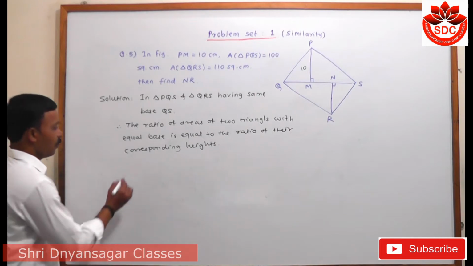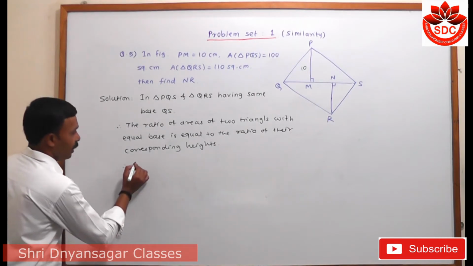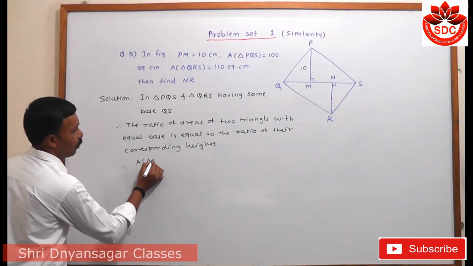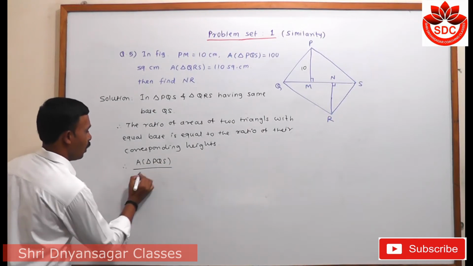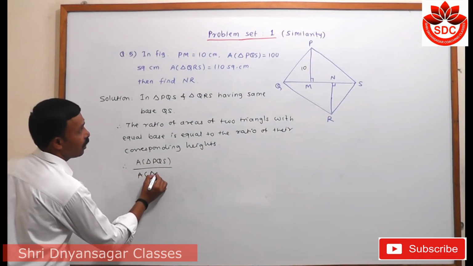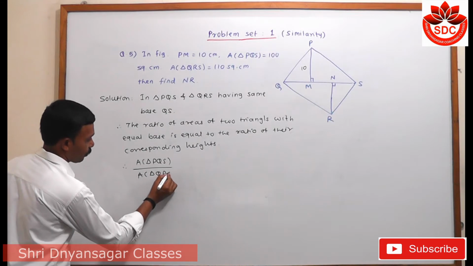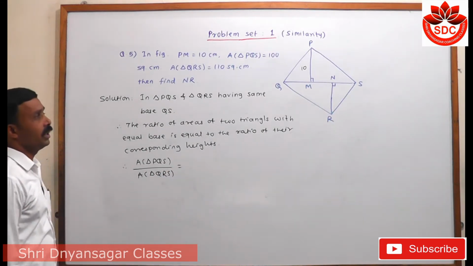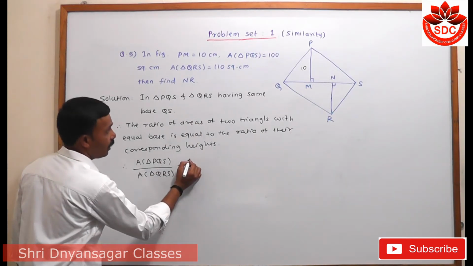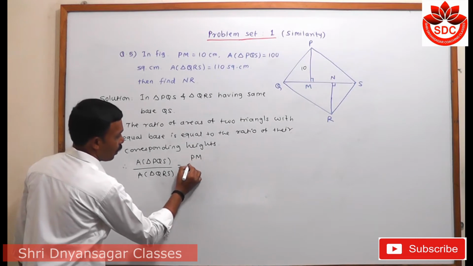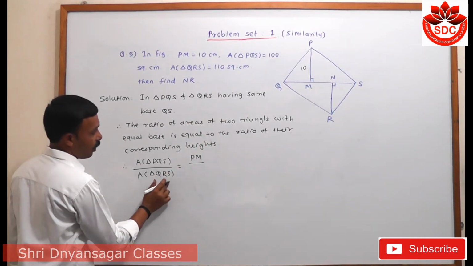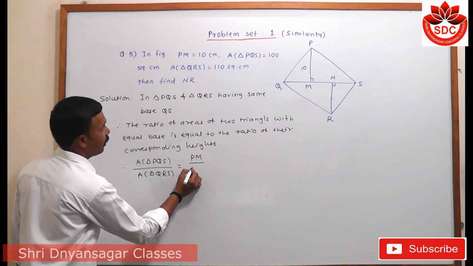Now, by using this property, we write: area of triangle PQS upon area of triangle QRS is equal to their corresponding heights. The height of triangle PQS is PM, and the height of the other triangle QRS is NR.